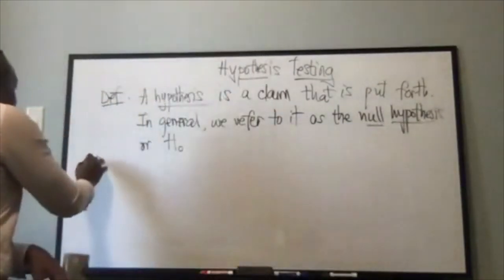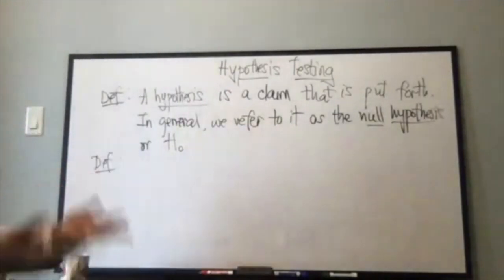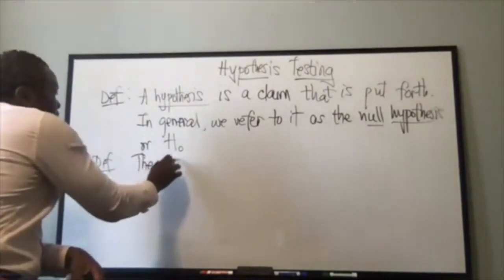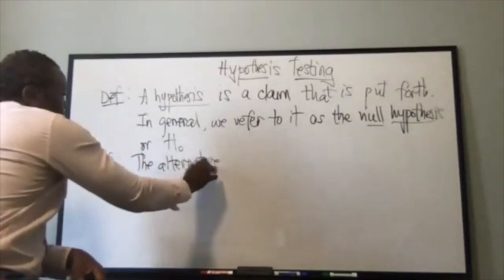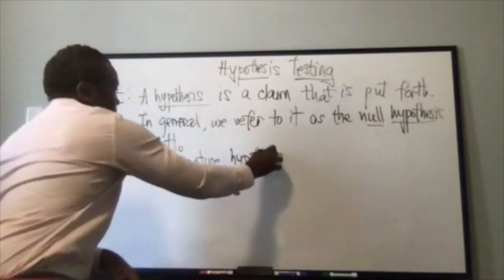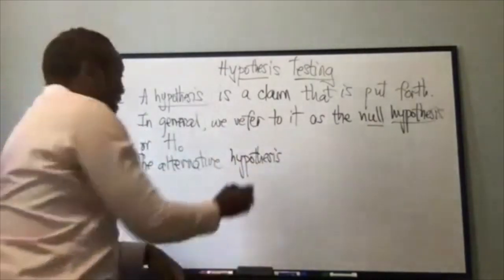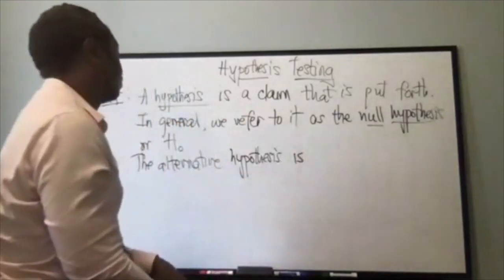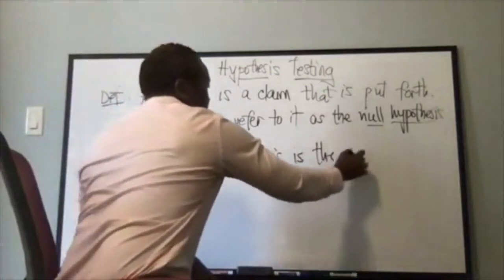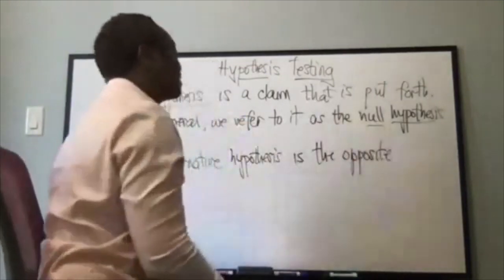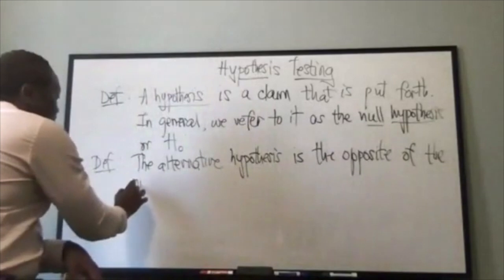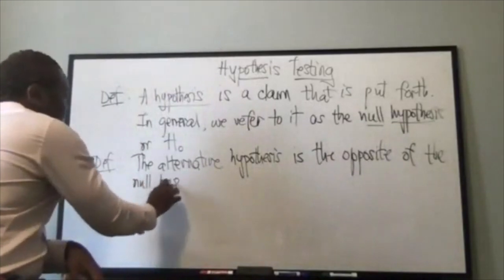And I'm going to say definition. So, setting up the backdrop for doing hypothesis tests, we're going to say the alternative hypothesis is the opposite of the null hypothesis.